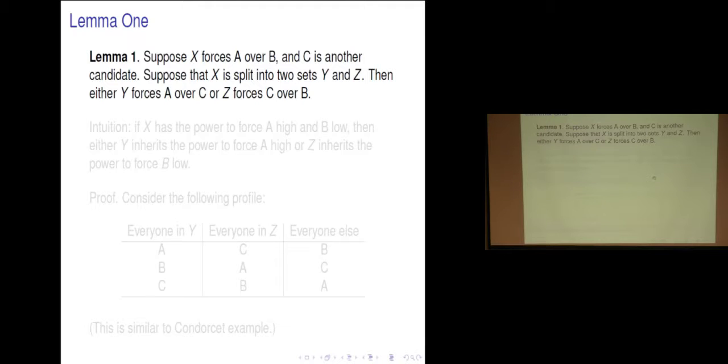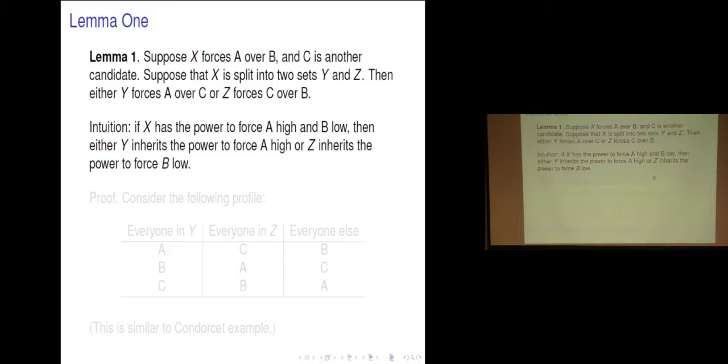Now we split X into Y and Z. The claim is that either Y forces A over C, or Z forces C over B. What does it mean? The intuition, the daily life explanation, is this.